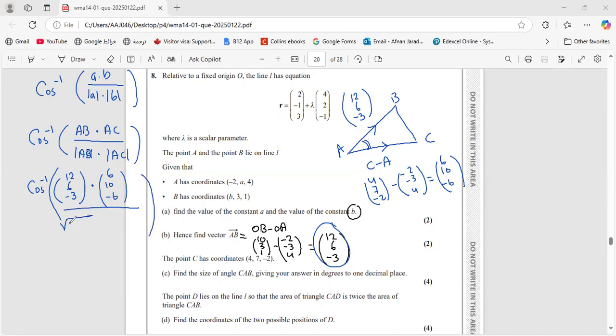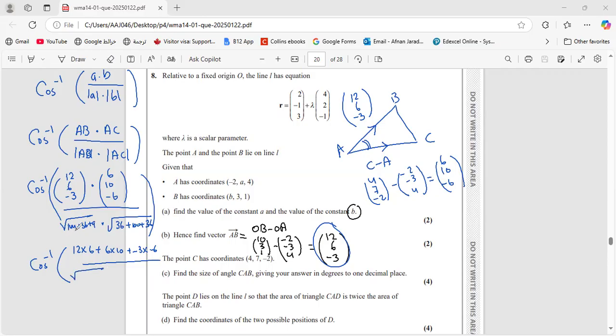The magnitudes are the square root of 144 plus 36 plus 9, multiplied by the square root of 36 plus 100 plus 36. So it will be cosine inverse of 12 times 6 plus 6 times 10 plus -3 times -6, over the magnitudes.